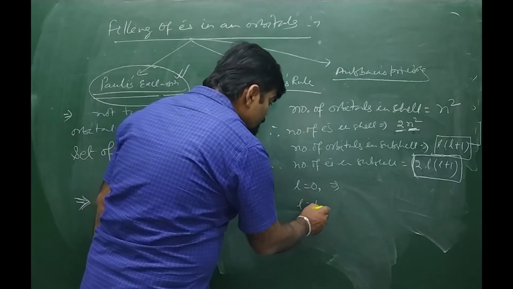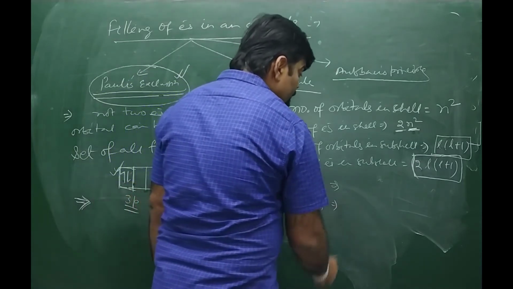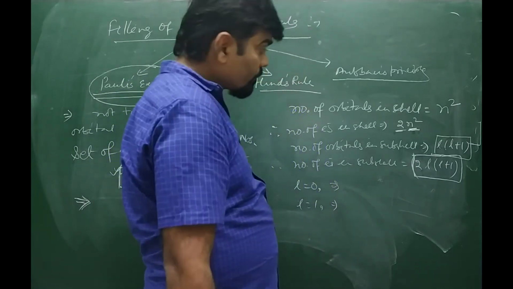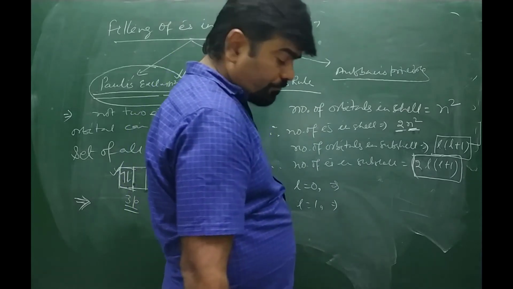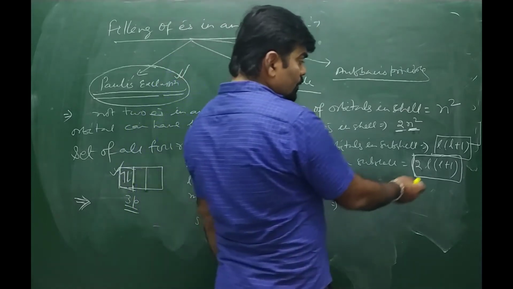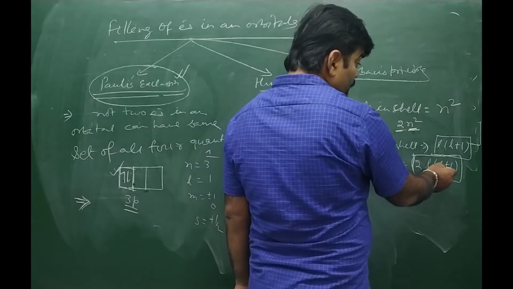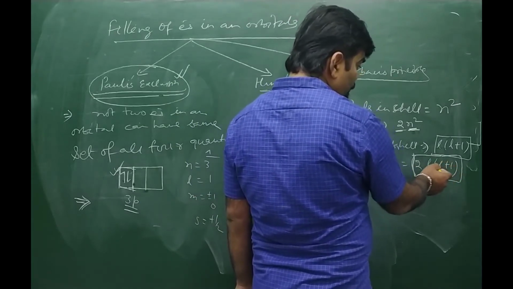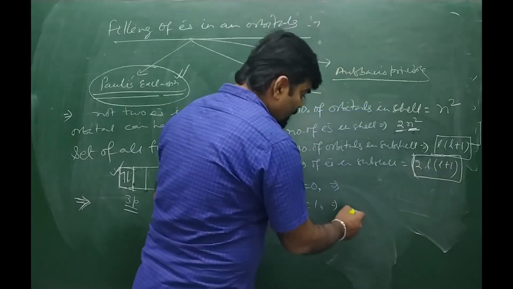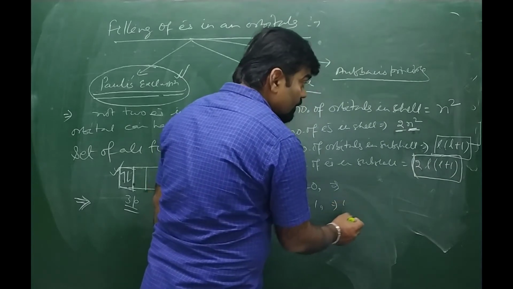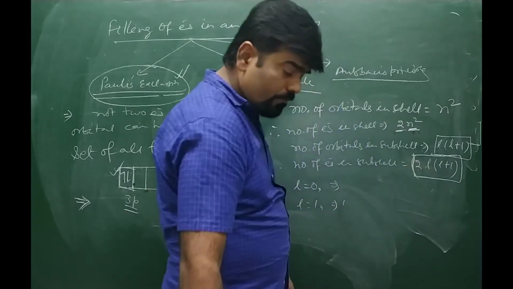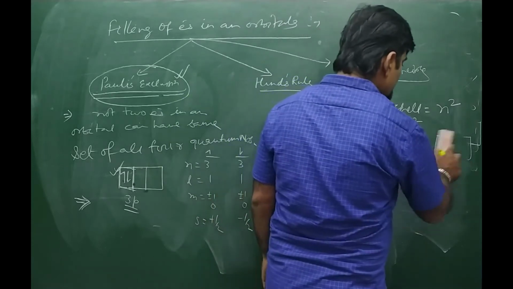Similarly, if l is equal to 1, the value is 2 into 1 plus 1, which is 3 orbitals, and 6 electrons.